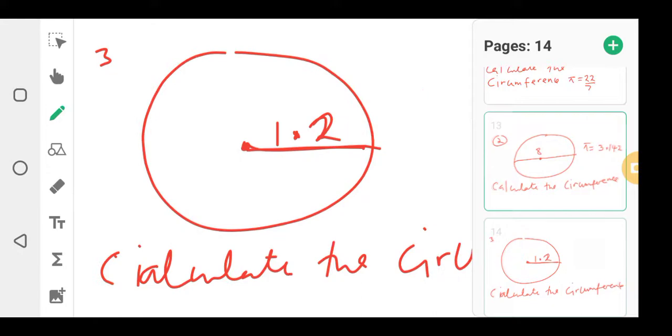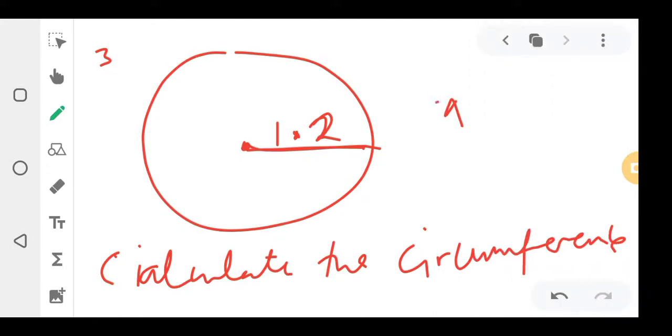Question 3 here we take pi to be 3.142 also here.